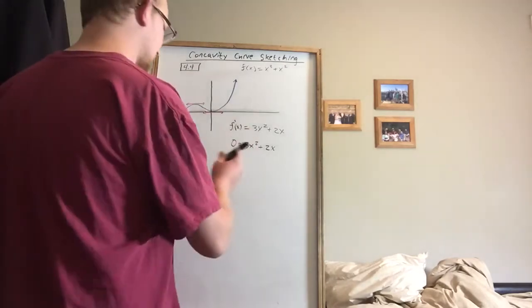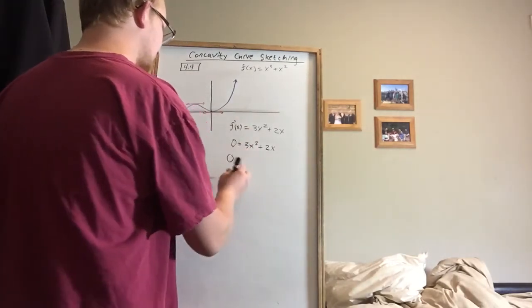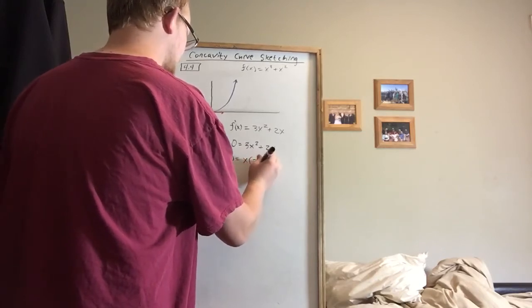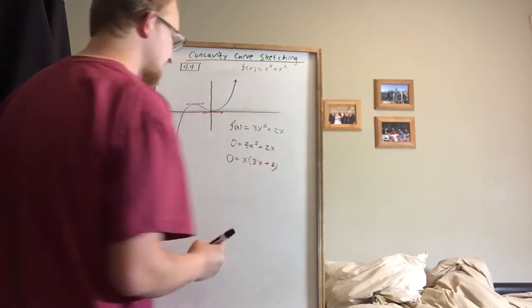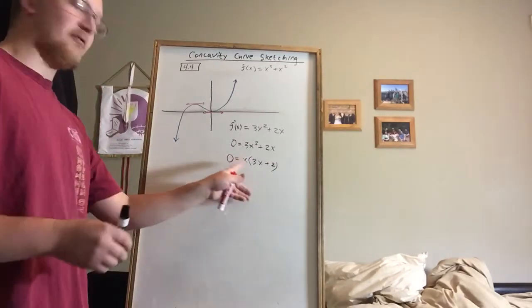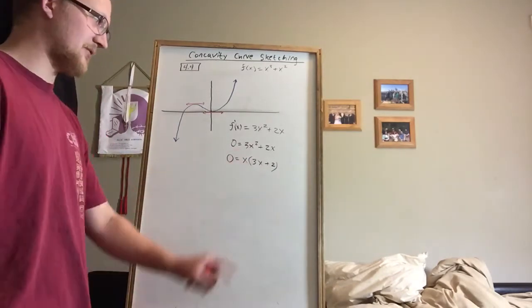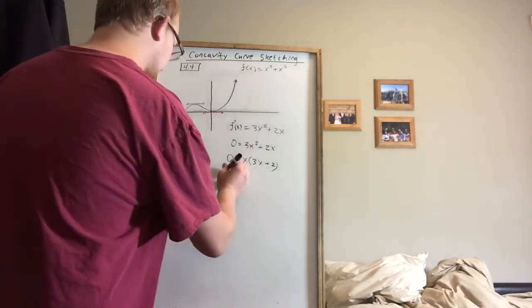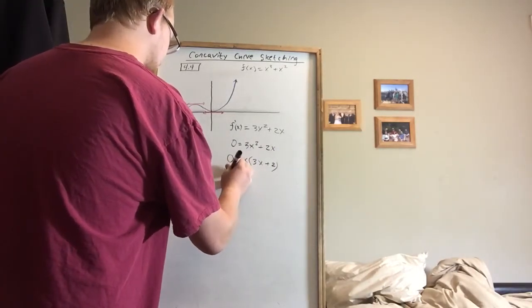And so here we could factor out an x from both of these, equals x times 3x plus 2, and this one's just really nice. If x goes to 0, everything goes to 0. If 3x plus 2 goes to 0, everything goes to 0. So we know we're going to have two critical points. One is x equals 0.